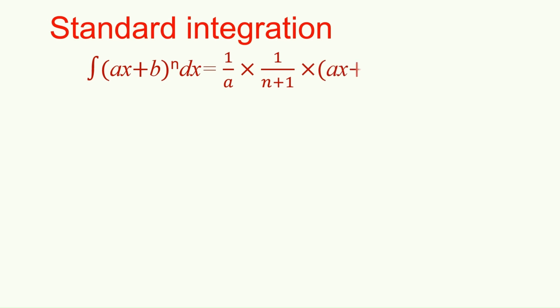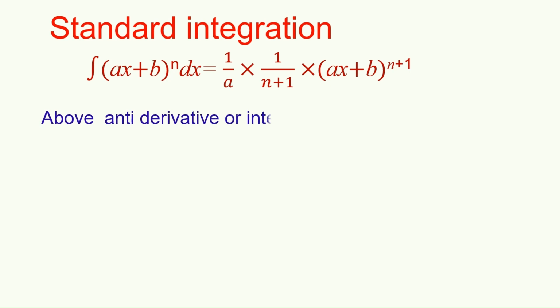Standard integration. Indefinite integral ax plus b to the power of n dx equals 1 divided by a times 1 divided by n plus 1 times ax plus b to the power of n plus 1.